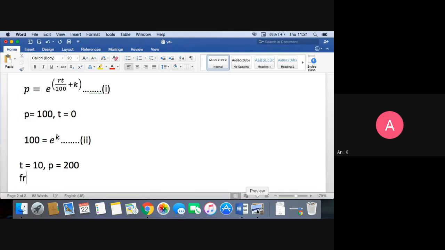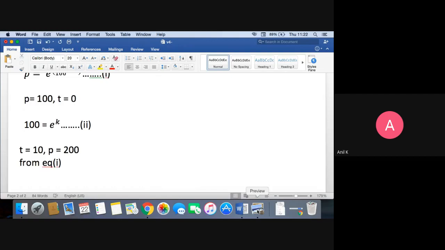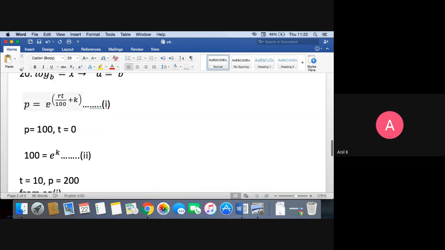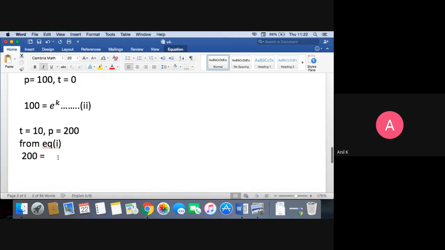Let's see what you get. The P value is 200, so you'll get 200 equals, let me write this entire step.